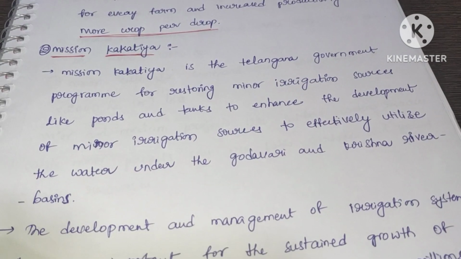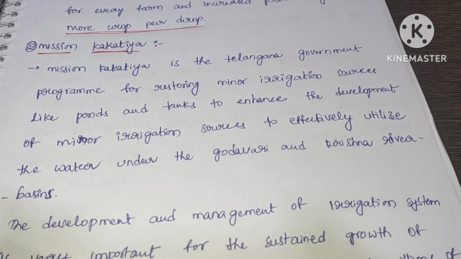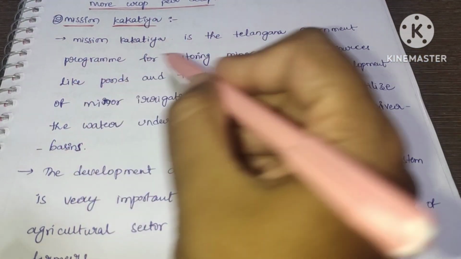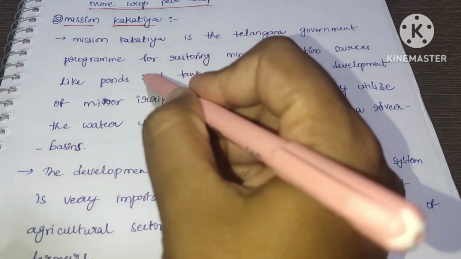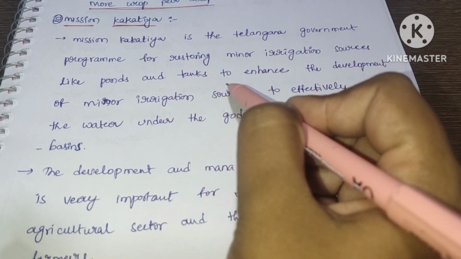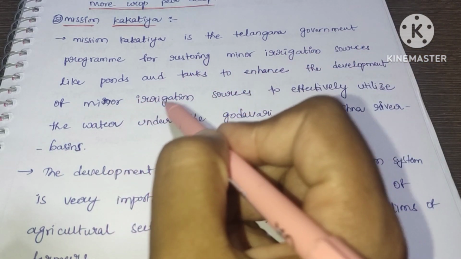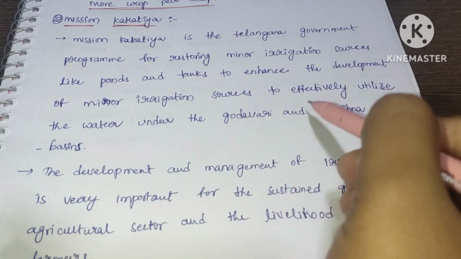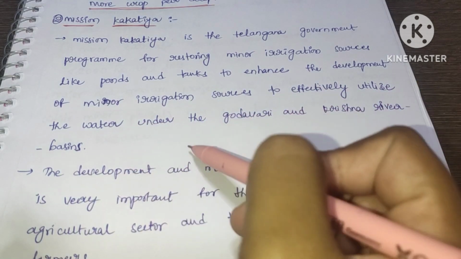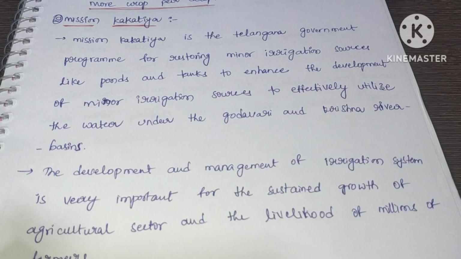The other scheme is Mission Kakatiya. Mission Kakatiya is the Telangana government program for restoring minor irrigation sources like ponds and tanks, to enhance the development of minor irrigation sources and effectively utilize the water under the Godavari and Krishna river basins. What is the main aim of Mission Kakatiya?